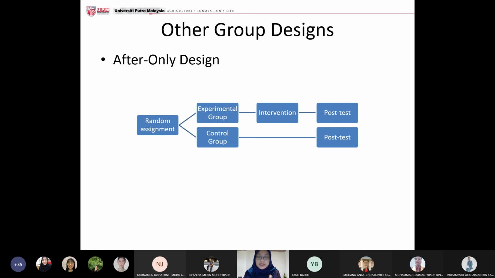People always do this, and in the end, they have the surveys: please rate the things. So this is some sort of after-only design. Of course, it's less reliable compared to the previous one, but it still can be done if you can prove that your participants or samples are similar in the experimental and control group.